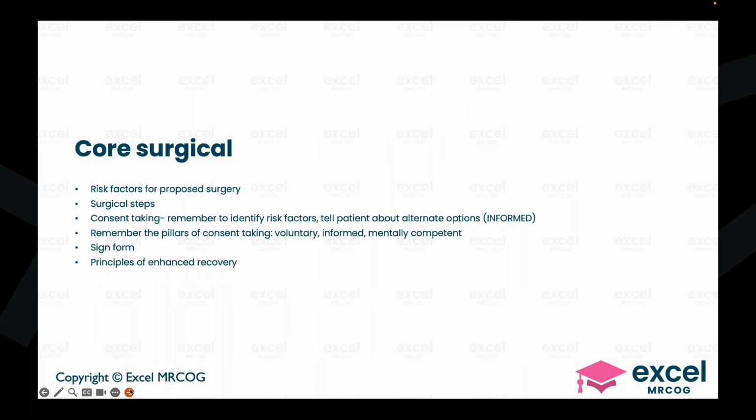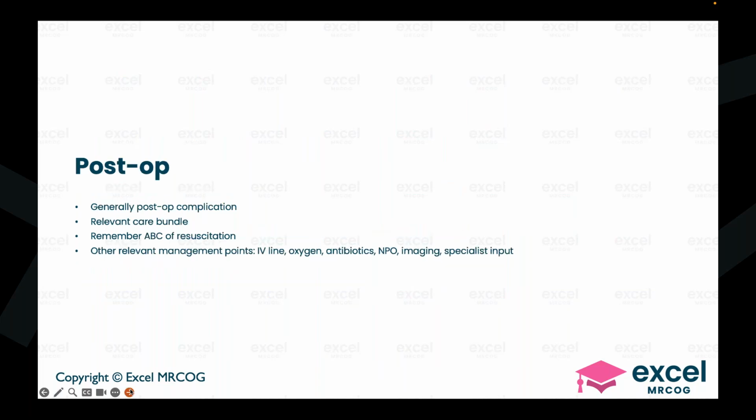Okay, and also another important point in core surgical is principles of enhanced recovery. Important. Post-op, usually you have post-op complications. So you need to check the relevant care bundles, remember ABC of resuscitation, and relevant points like IV line, oxygen, antibiotics, nil per oral, like in case of bowel injury, in case of sepsis.